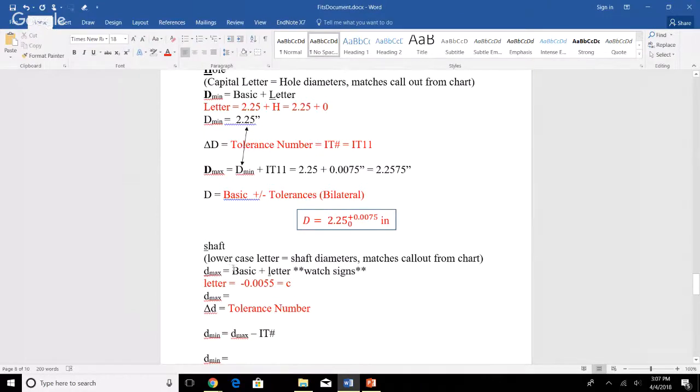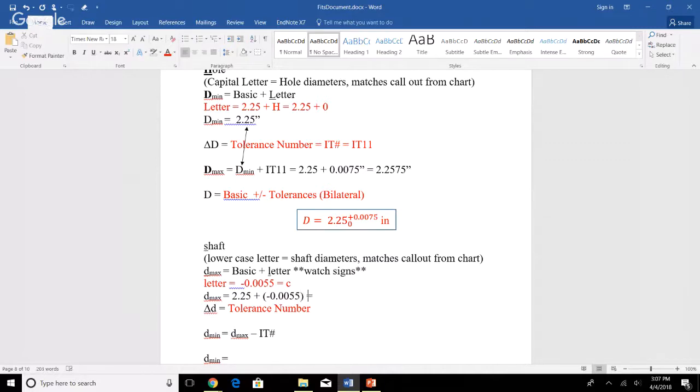In this case, it is still the same formula, our basic plus our letter. However, we have a negative number where we have to actually subtract from our basic diameter. So it's going to be 2.25 plus a negative 0.0055.